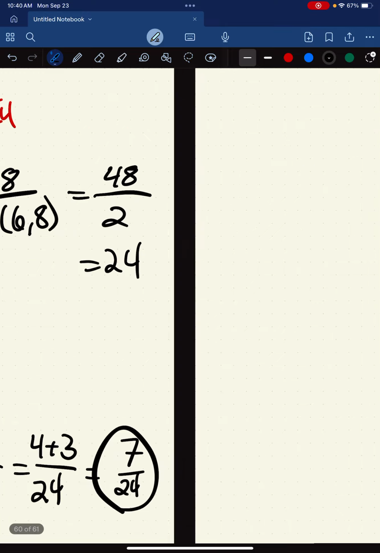Let's do another. Let's do 3/4 plus 1/6 plus 5/8.